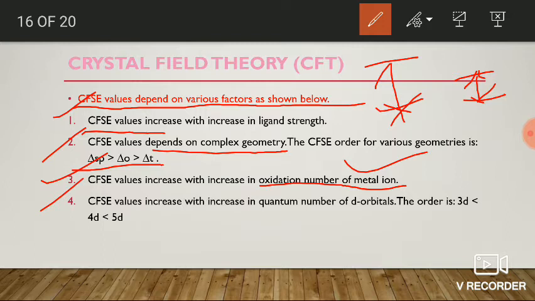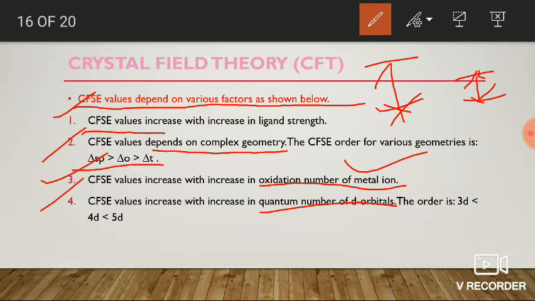The fourth one is that it also depends on the quantum number of the d orbitals. The d orbitals may be 3d, 4d, 5d, 6d and so on. Based on the quantum number, the CFSE values of the metal ion also change in the complex. If the metal ion contains 3d, then CFSE is less than 4d, which in turn is less than 5d.